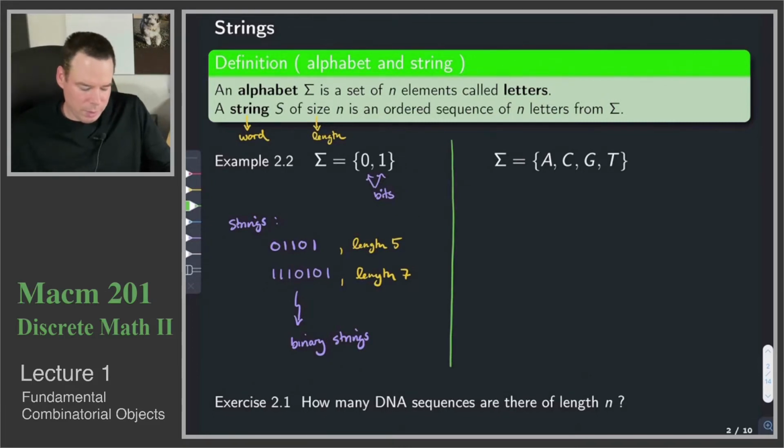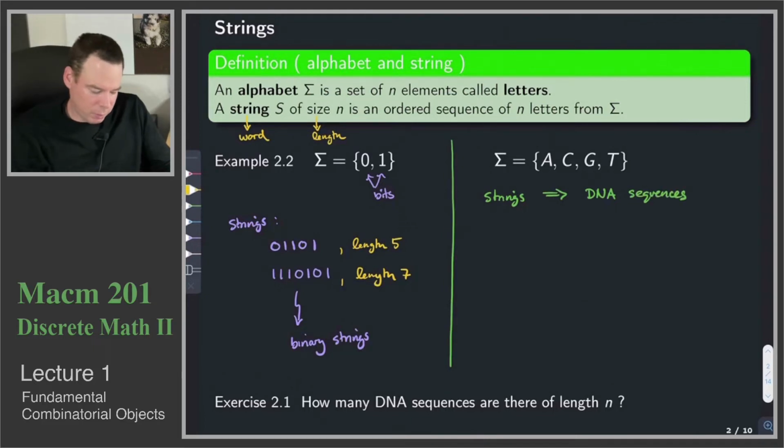Here's another alphabet, A, C, G, T. In this case, strings over this alphabet. Well, for those of you with some biology in your background, you may encounter strings in A, C, G, and T when you're doing DNA sequencing. So strings in these 4 characters are often used to represent DNA sequences.